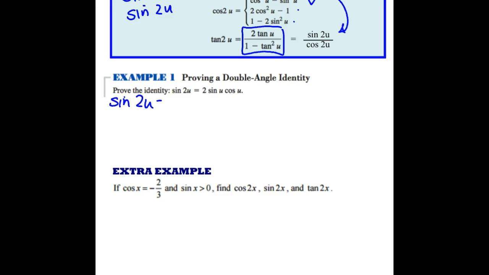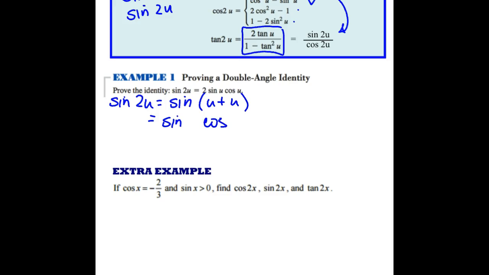The sine of 2u can be thought of as the sine of u plus u. Okay? 2u is the same as u plus u. And we had a formula for the sine of a sum. What was it? We said it was the sine of the first times the cosine of the second.